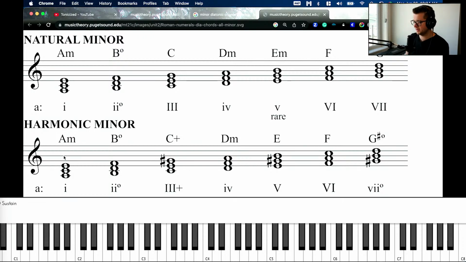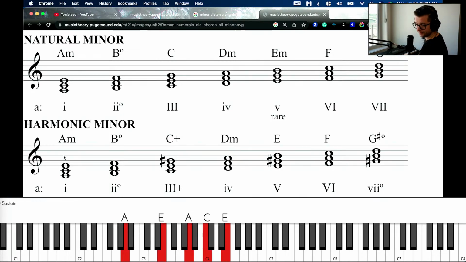But what's really fun is if you memorize this and you can get this in your hand, or even write it down on a piece of paper and put it on the side, you can start playing around with, okay, let's go with A minor.